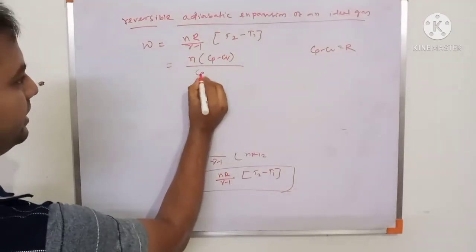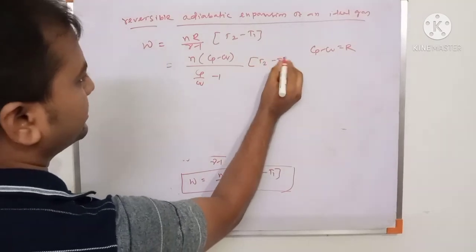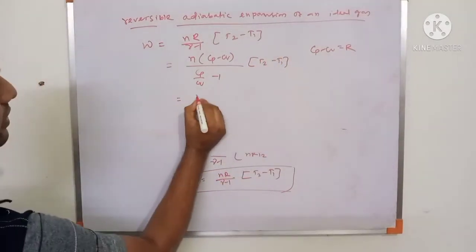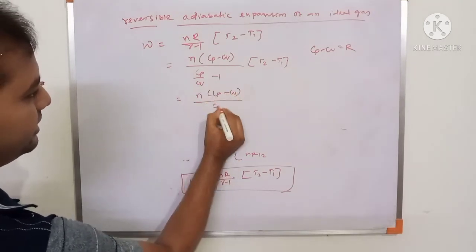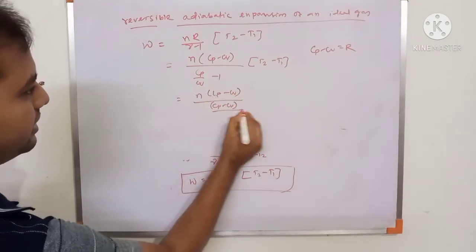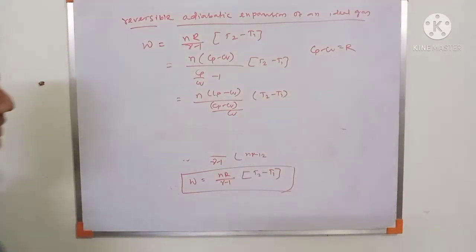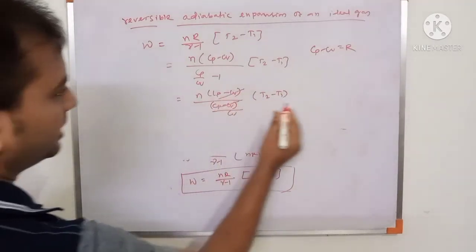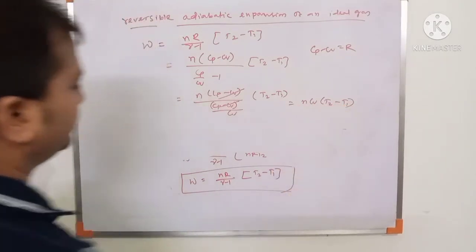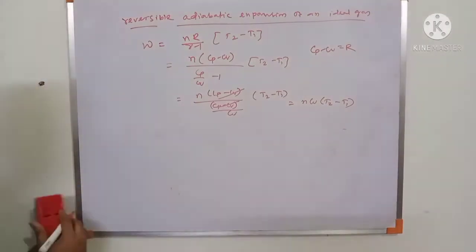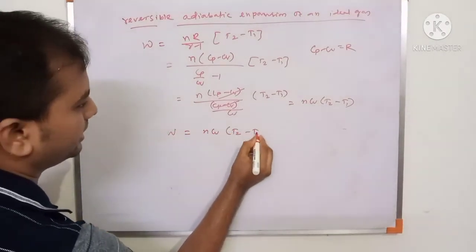Gamma, we know Cp by Cv, minus 1 equal to T2 minus T1 equal to n into Cp minus Cv by, this is Cp minus Cv by Cv into T2 minus T1. So this value cut. So n Cv T2 minus T1. So work equal to n Cv T2 minus T1.